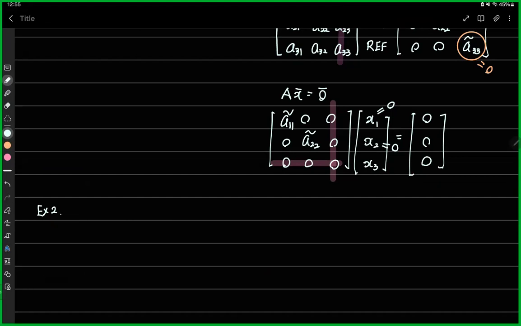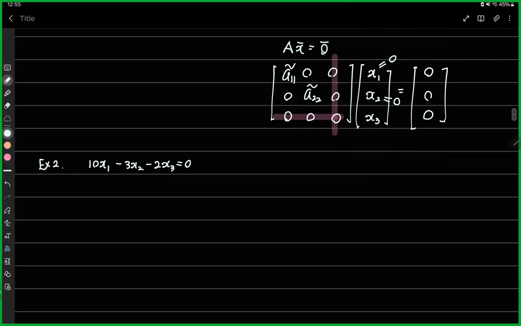Describe all solutions of the homogeneous system 10x1 minus 3x2 minus 2x3 equals 0. This is a homogeneous system, and we want the description of its solution set.